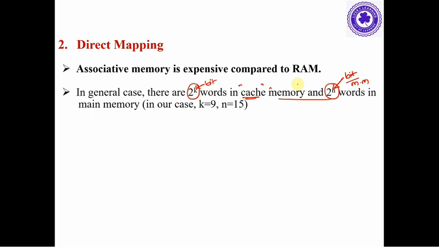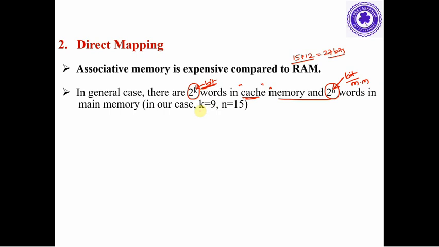Instead of storing the n-bit address plus data, all 15 bits of address plus 12 bits of data, totaling 27 bits in a cache word at any location, it can be stored at the location where the least significant k bits match the cache address.